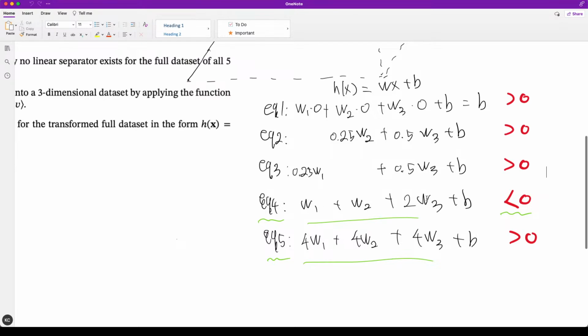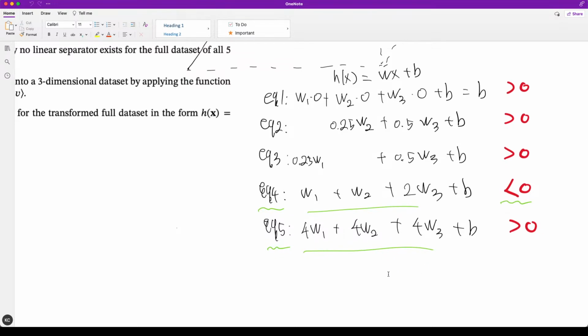If W3 is negative and W1 and W2 are positive, W3 can cancel out these positive values and make the entire equation less than 0, because the coefficient of W3 is greater than those of W1 and W2. But in equation 5, the coefficients are the same, so it couldn't be cancelled out and it remains positive. Did you get my point?